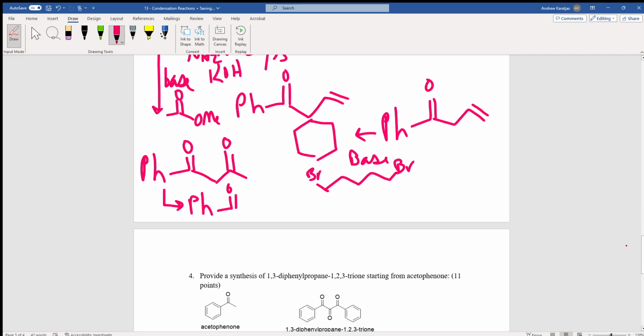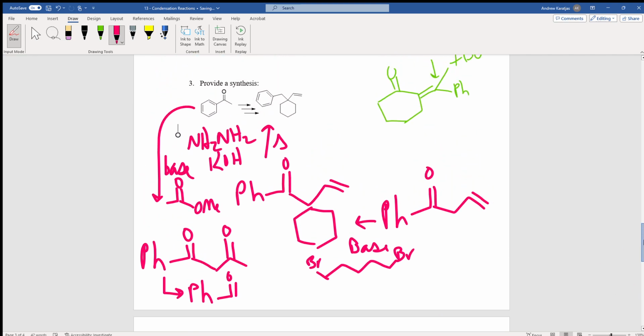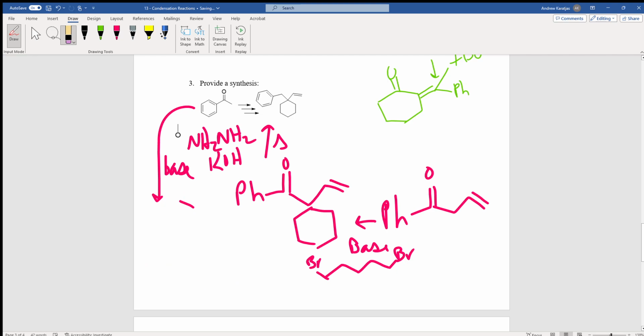Well, what this may mean is that I need to back up a little bit. So let's go back to the beginning, and think about what we might add to this carbonyl that's going to let us do what we need.